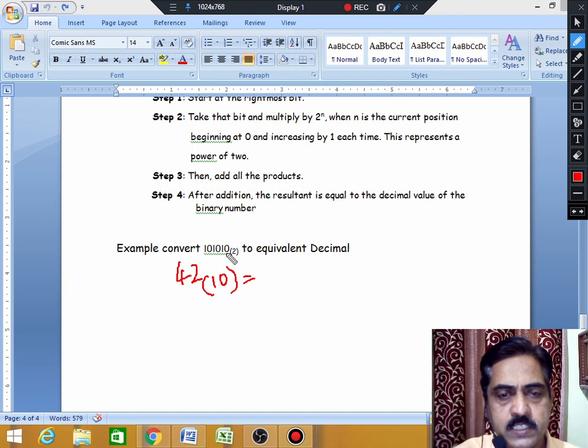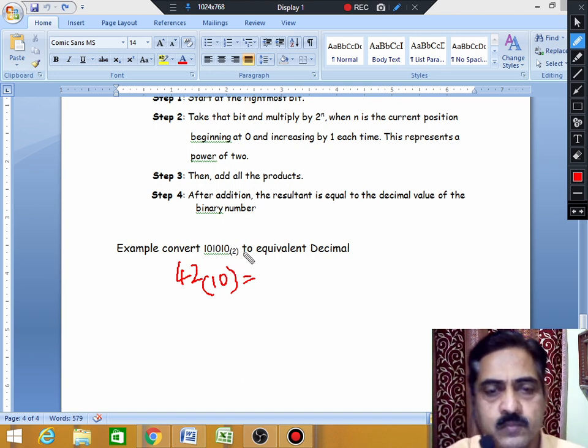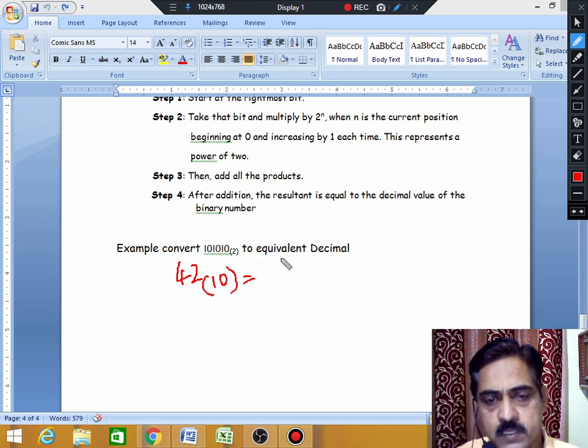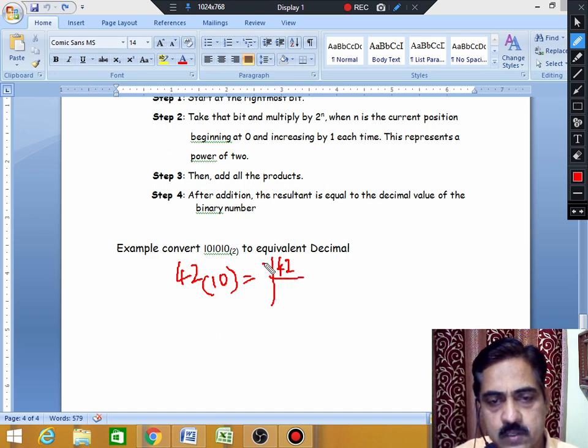Let me see whether I am getting this or not. So as per the steps, this 42 is divided by 2. 2 2s are 4, 2 1s are 2, so remainder is 0.